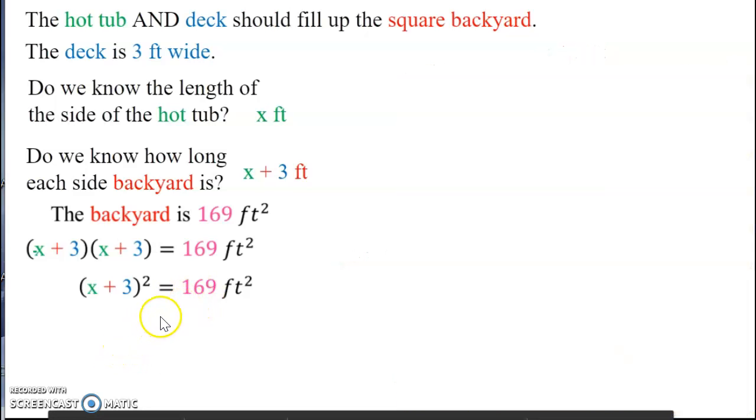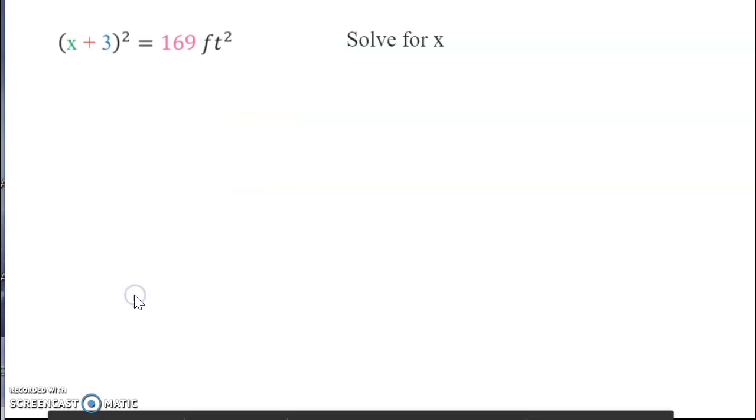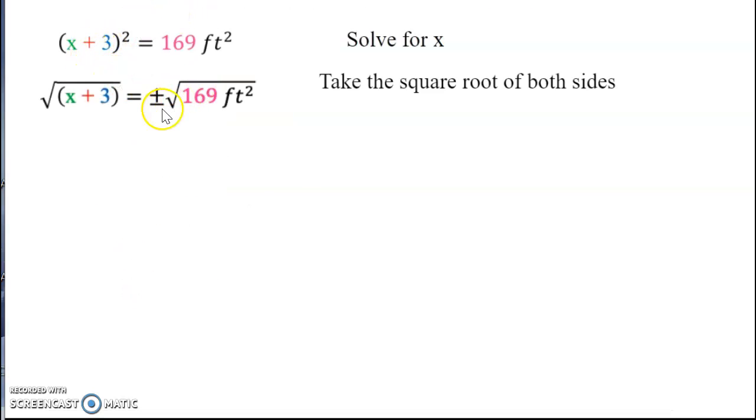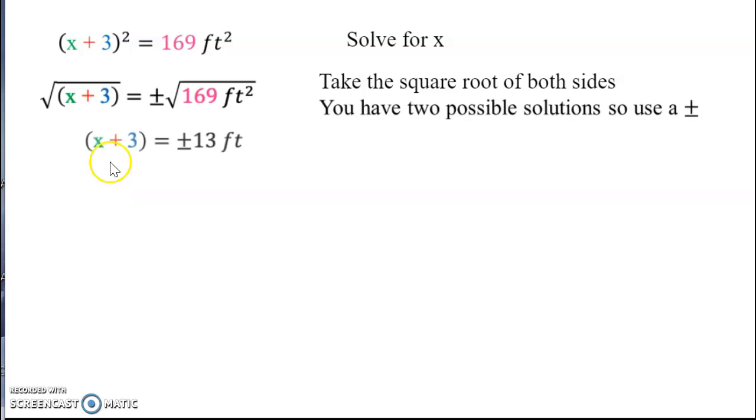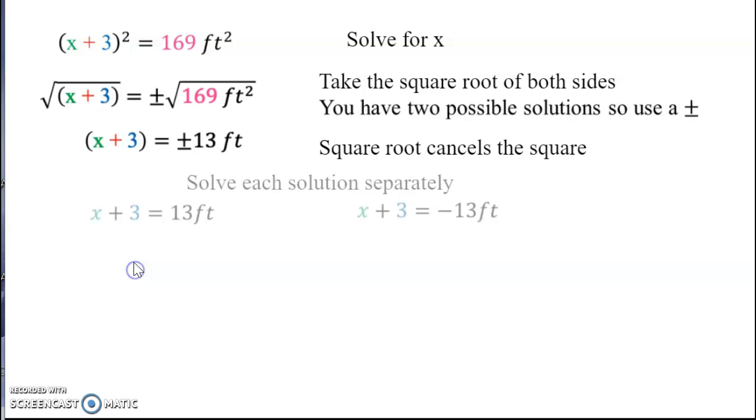That means we can take the square root of both sides, and that leaves us with X plus 3 is equal to plus or minus 13. Then we have 2 different solutions: X plus 3 is positive 13, or X plus 3 is equal to negative 13.